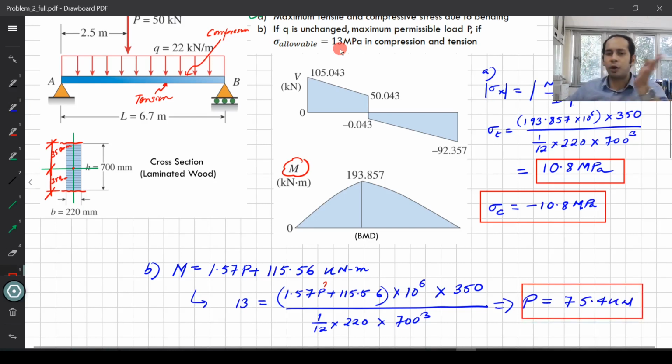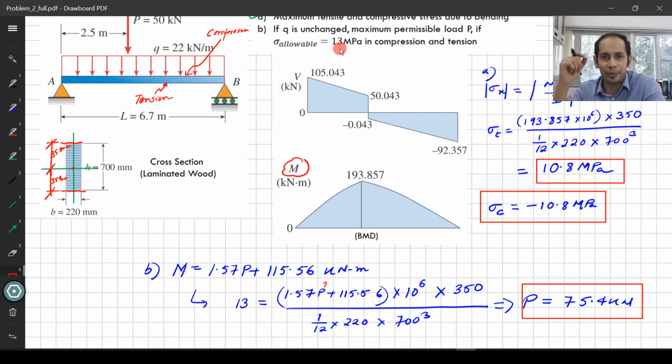So you see the concept of using the flexure formula to compute the tensile or compressive stress is conceptually very simple. The catch here is that you need to be able to calculate the correct value of the maximum bending moment.